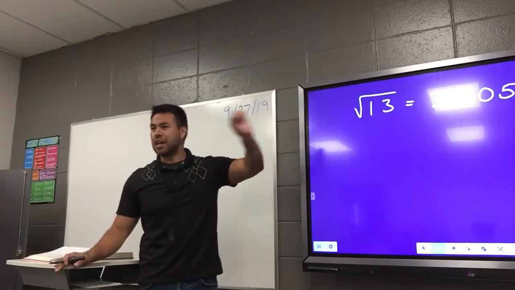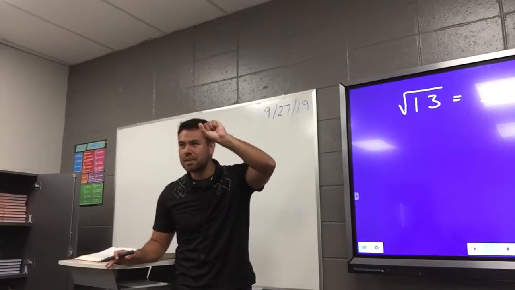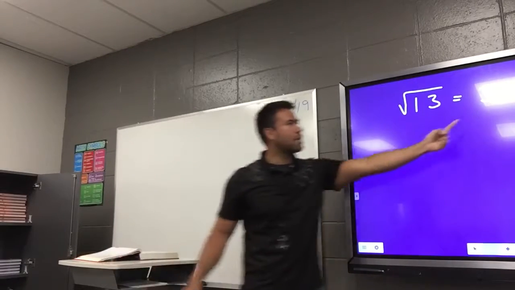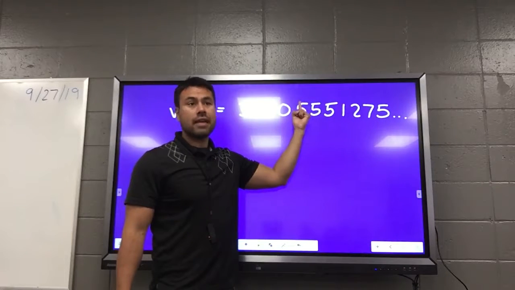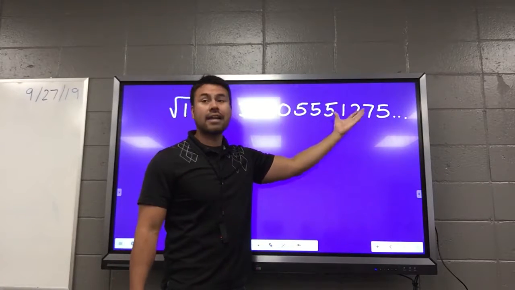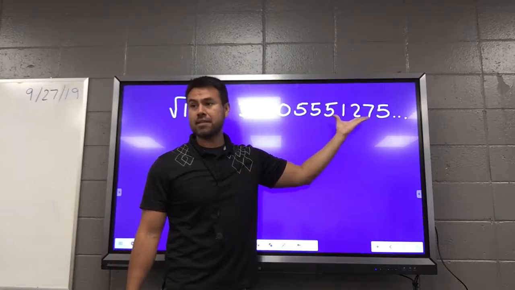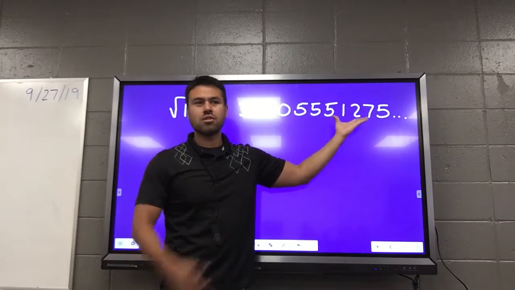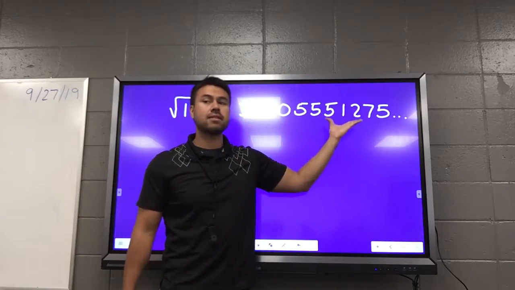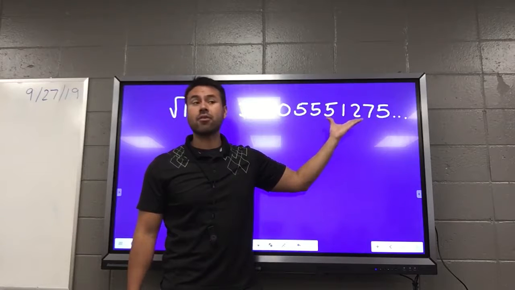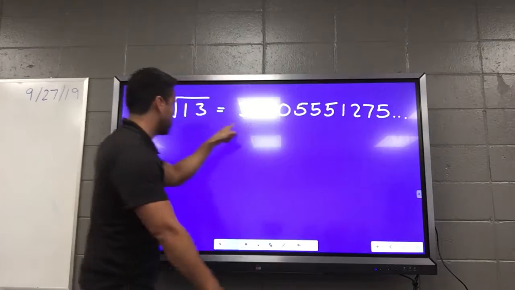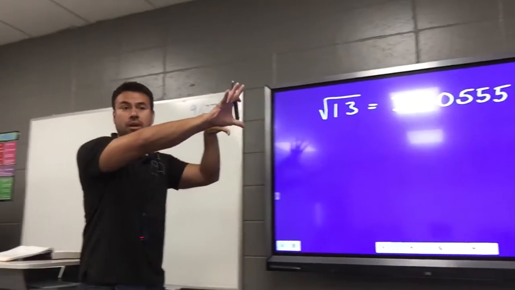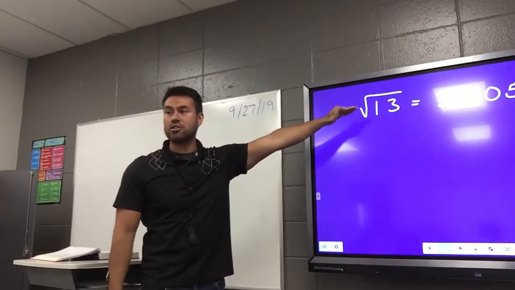But should I just put a little bar over something? Well, what about the 5s? They don't repeat forever. Guys, does this number ever repeat itself? Just looking at the number so far, does it ever repeat itself? No. Does it ever end? No. It's irrational. This is an irrational number because you can never write it as a fraction of integers.